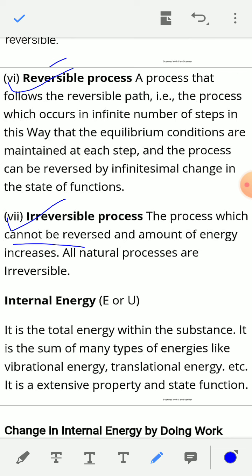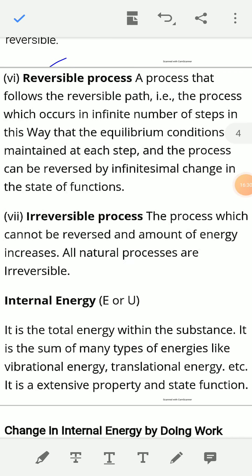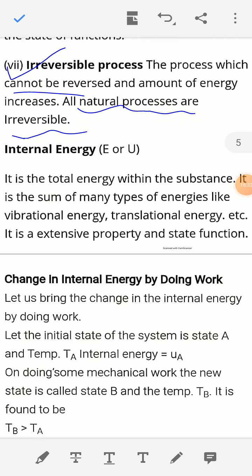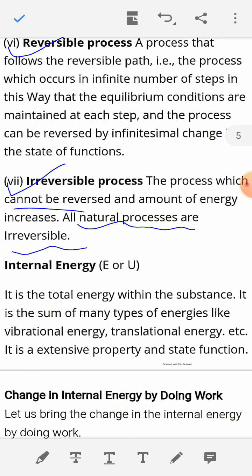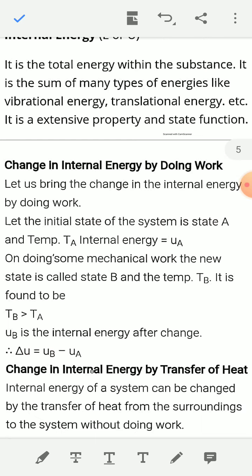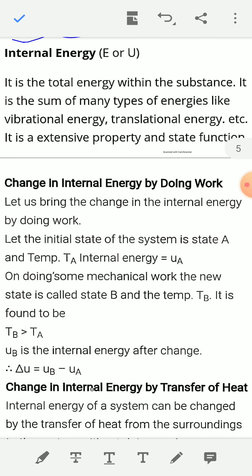And all naturally occurring processes are irreversible. You can reverse reversible processes, and irreversible processes cannot be reversed by changing external conditions. Now see internal energy.